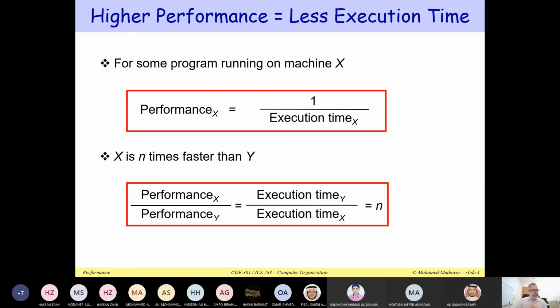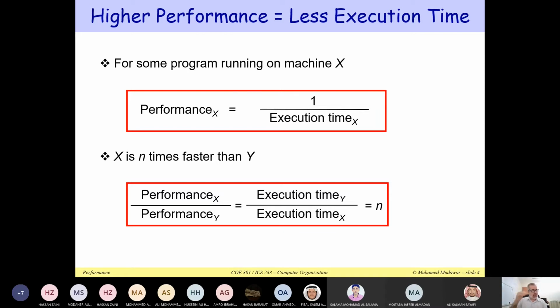We divide the execution time on Y by the execution time on X. So we say that X has higher performance, or is n times faster than Y.